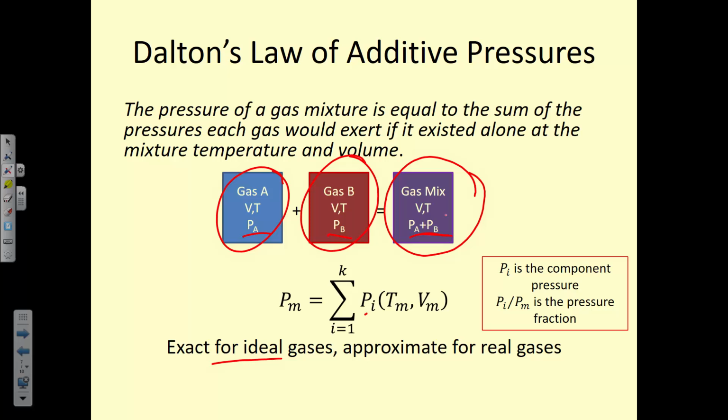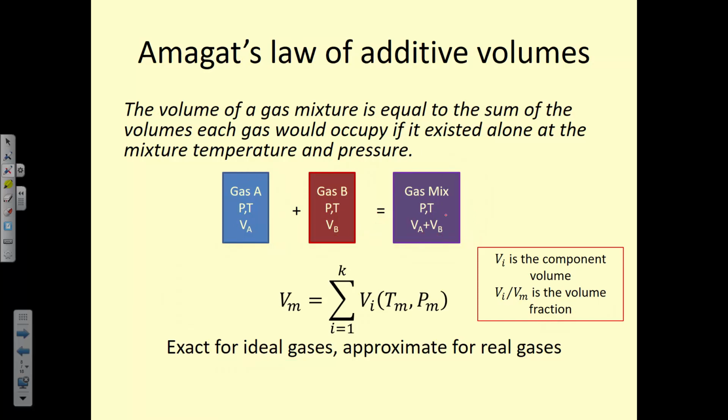P sub i is the individual component pressure, and we can also come up with something called the pressure fraction, P sub i over P sub m, which is similar to a mass fraction or mole fraction, another ratio that we sometimes use to determine other things.